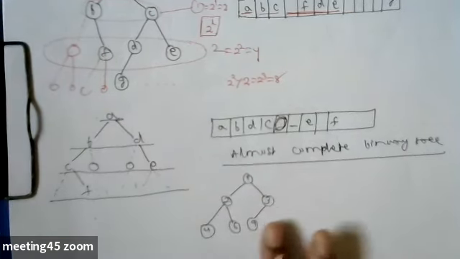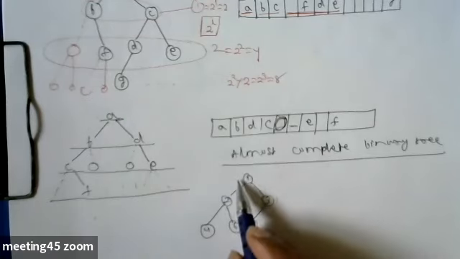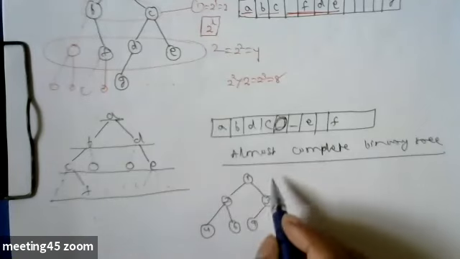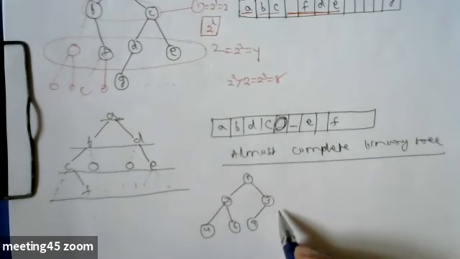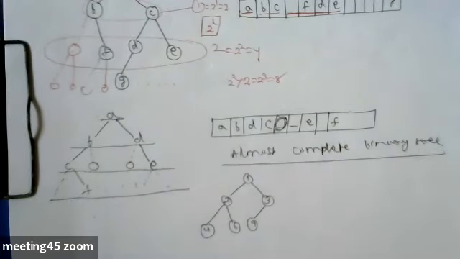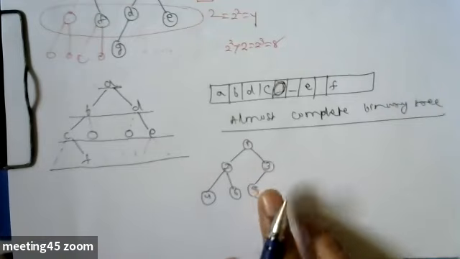If I have done it like this, what is happening? How many levels are present? 0th level, 1st level, 2nd level. If you represent this tree in an array, is there any blank space coming into the picture? In this particular case, if I represent this, is there any blank space?